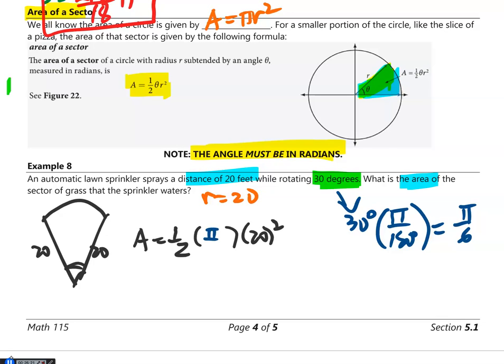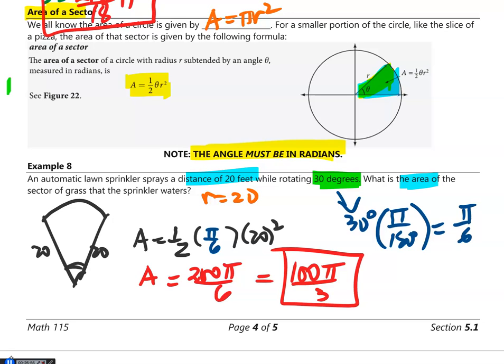So our angle is pi over 6. So let's multiply. 20 squared is 400, over 2 is 200, times pi over 6, and 200 over 6 are both divisible by 2, so this is 100 pi over 3. So this is the answer.